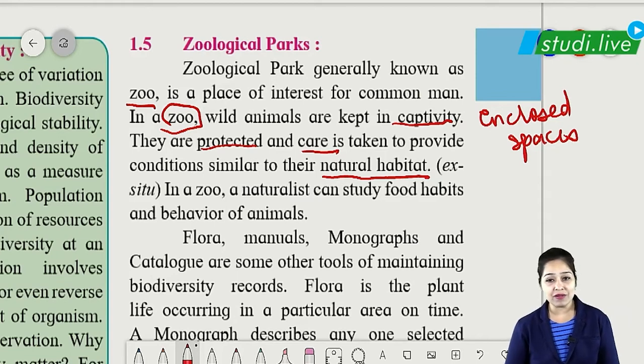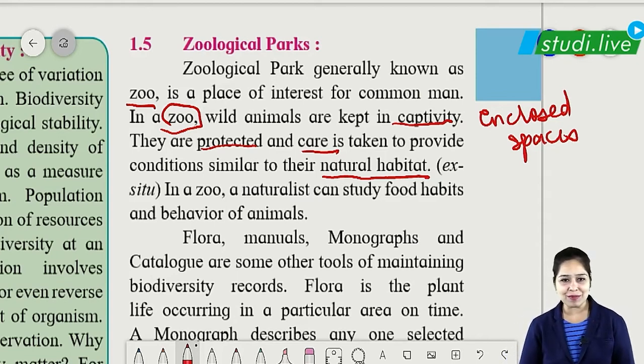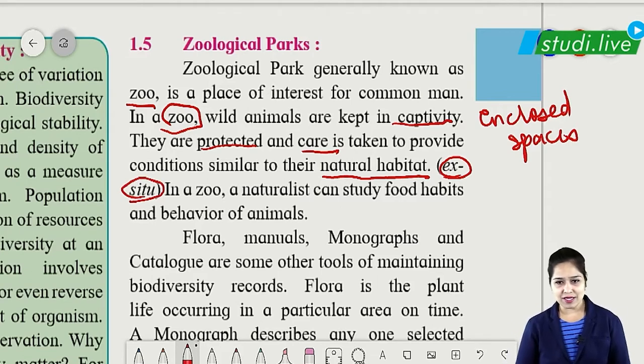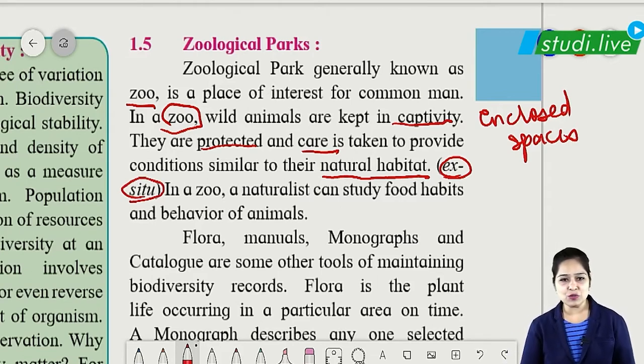So they are given proper care and protection similar to their natural habitat. This is called ex situ conservation. Ex situ means outside their natural home. Outside their natural home, where? In a zoo.